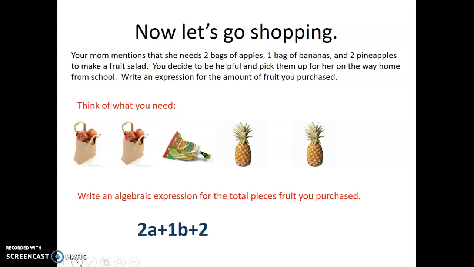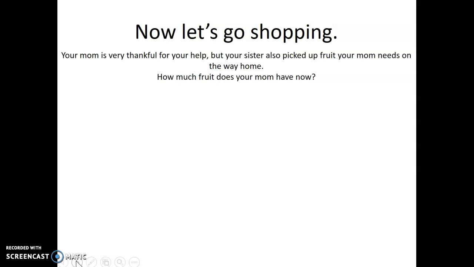All right, your expression would be 2A for your 2 bags of apples, plus 1B for your 1 bag of bananas, plus 2 because you have exactly 2 pineapples. So your mom is super thankful, but your sister was also trying to be helpful too, and she bought all the fruit that your mom needed for the fruit salad as well.